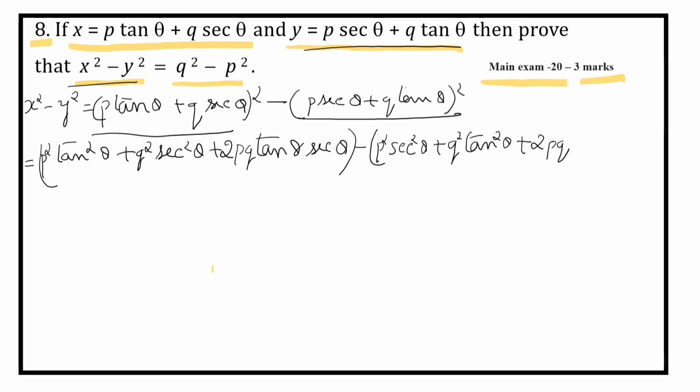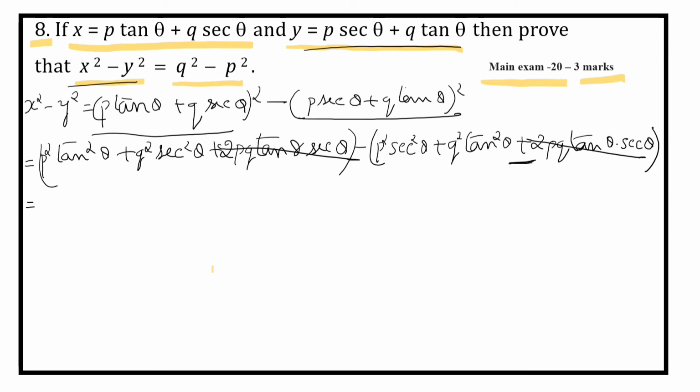You can write it as tan theta secant theta, since commutative property of multiplication holds good. After removal of bracket, you can observe that sign of 2pq tan theta secant theta changes to negative. So here positive, here negative sign. Unlike sign, same term and with unlike sign get cancelled.